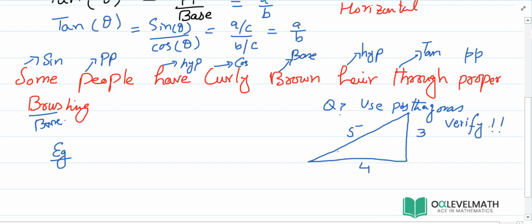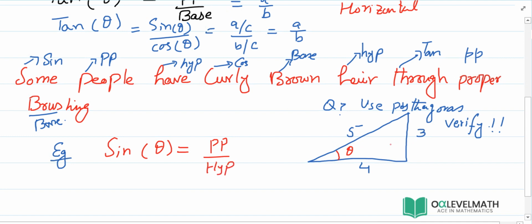Okay, let's get back to our example. We need to find the ratios for theta, starting with sine. Sine theta would be equal to perpendicular over hypotenuse.